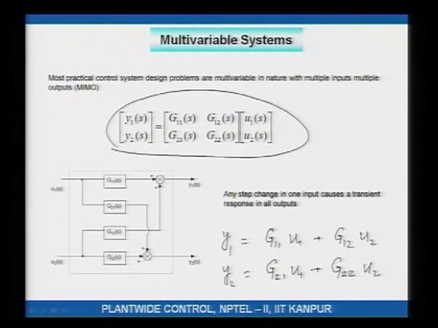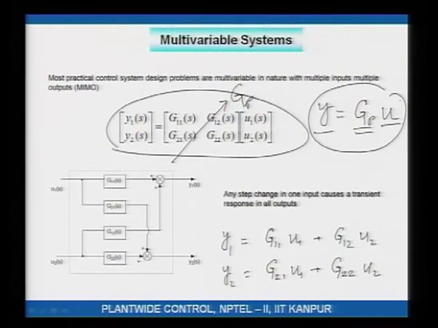All right. So, when we write these two equations in matrix form, these are the same two equations written in matrix form. What we are essentially saying is y vector is equal to, let us call this GP, a matrix, GP times U. Even though we have shown only a 2 by 2 system here, we can have a more complex system.